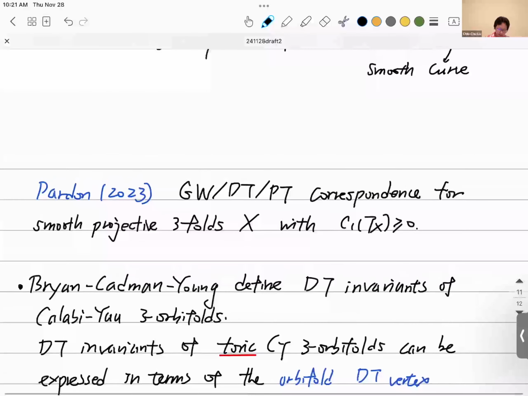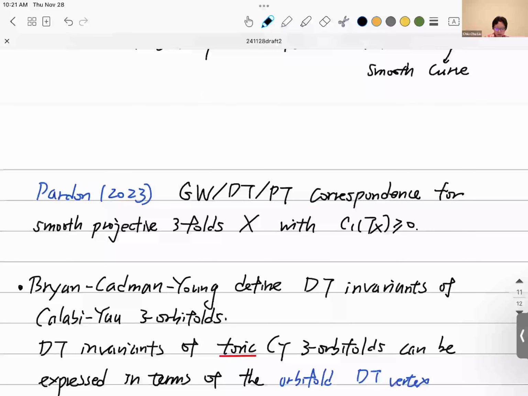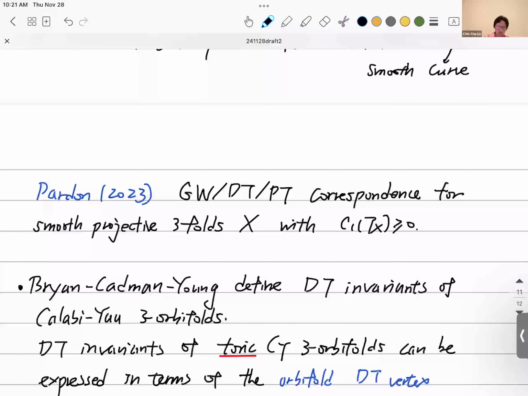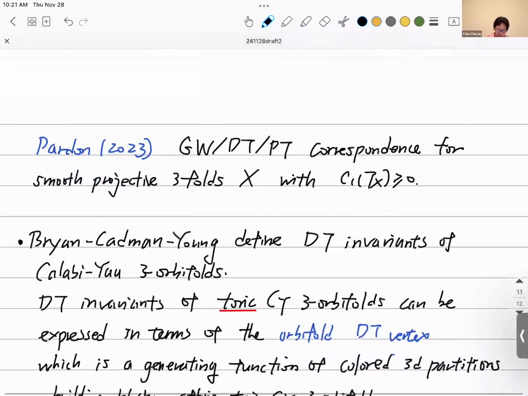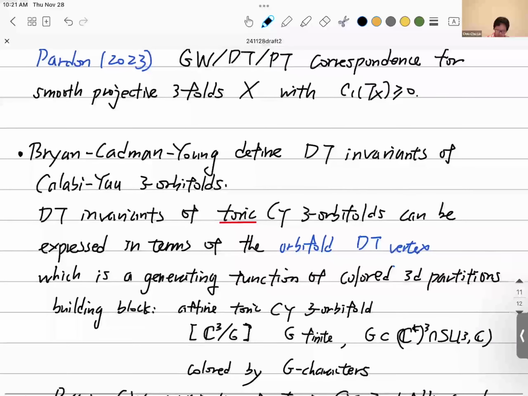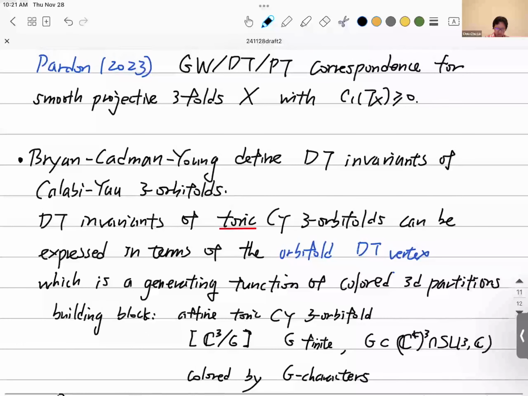By the same reasoning, if you have a toric Calabi-Yau 3-orbifold, then you can compute the DT invariants by localization. It should be expressed in terms of the orbifold DT vertex, which is actually a generating function of colored 3D partitions.